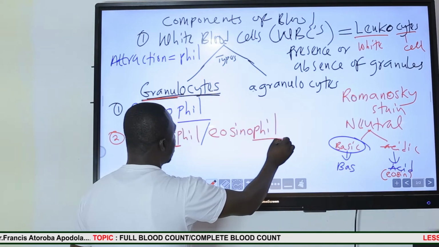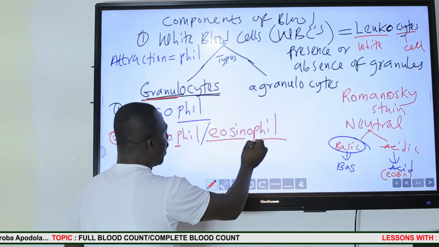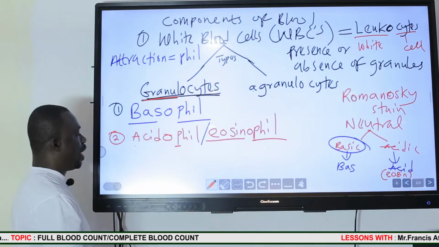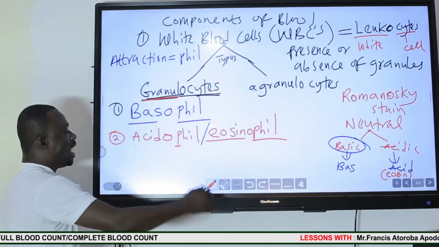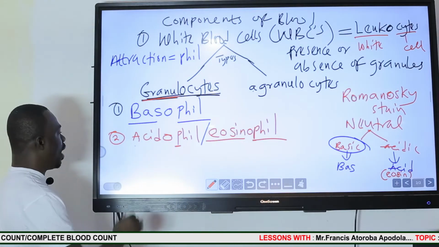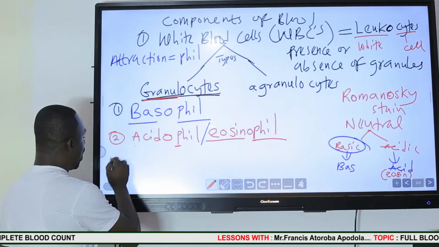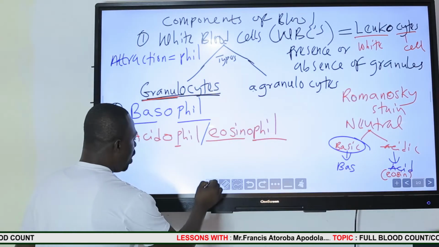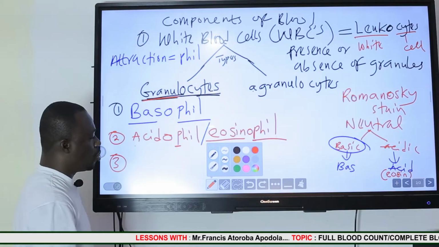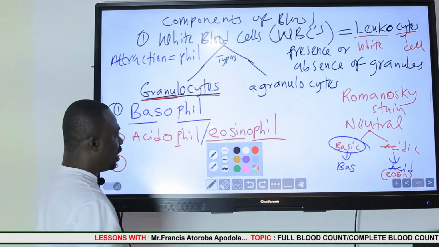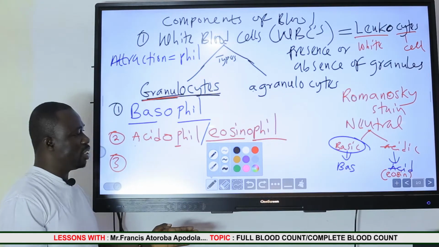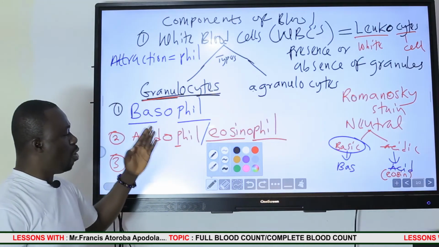Fill for attraction, eosin meaning attracted to the eosin part of the dye. So that is another type of cell.